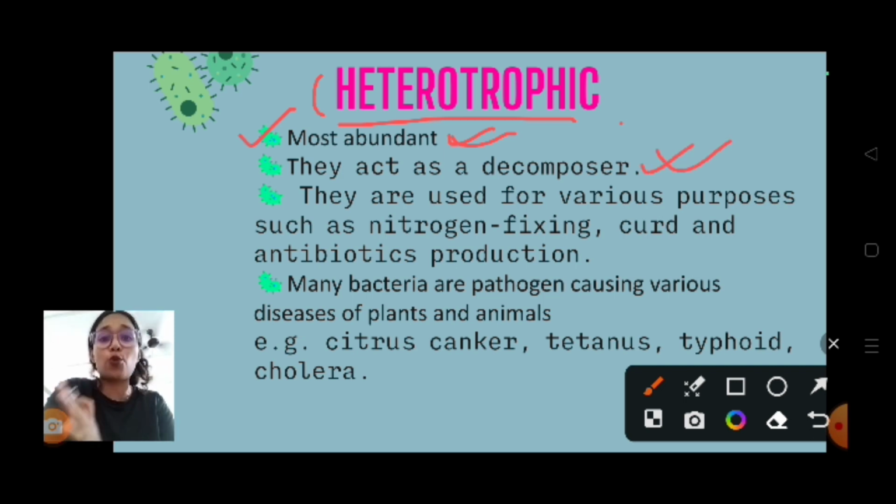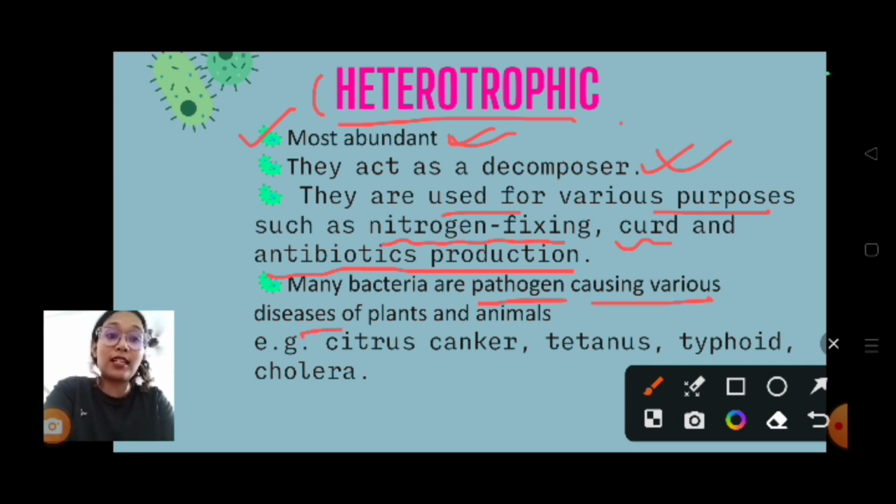They have different roles: helping in nitrogen fixing, making curd from milk, and making antibiotics. Many bacteria are pathogens causing various diseases in plants and animals, living inside them and causing harm.